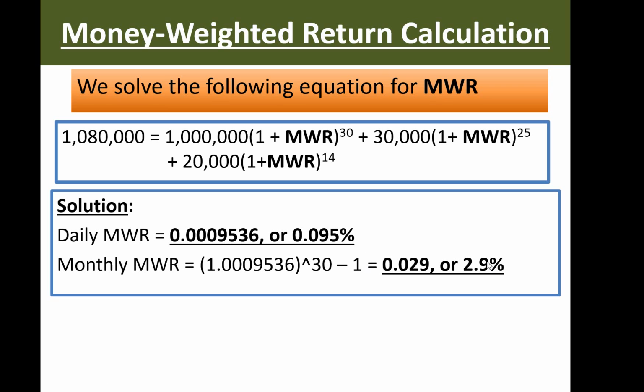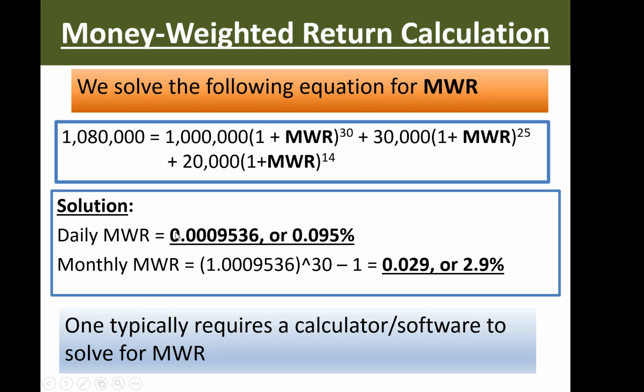As a summary, for the money-weighted return calculation, you will need a calculator or software to solve for MWR. And sometimes you might get 2 solutions when solving for this IRR. So just remember to always take the positive solution, because that is the solution that you would want here.